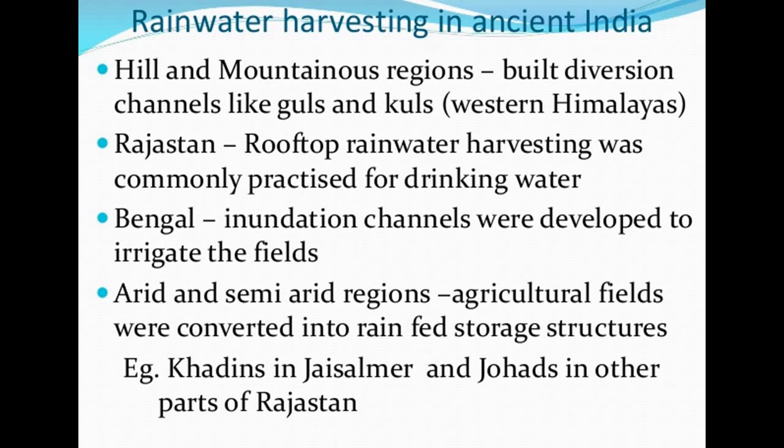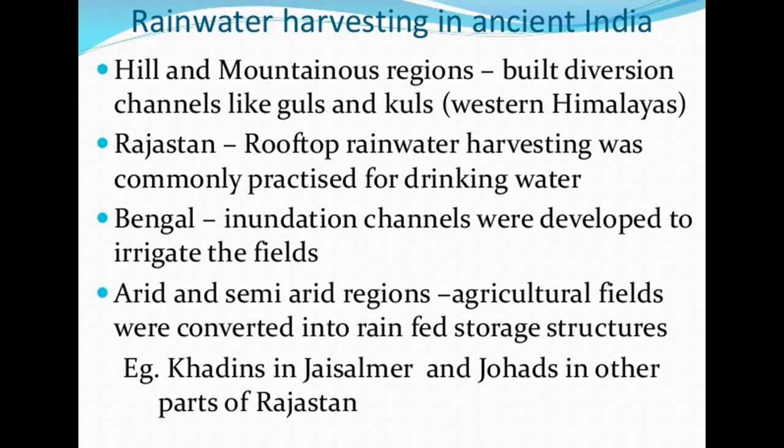In the floodplains of Bengal, the people developed inundation channels to irrigate their fields. So basically in Rajasthan and in the plains of Bengal, they tried to build such channels for irrigation and field purposes.